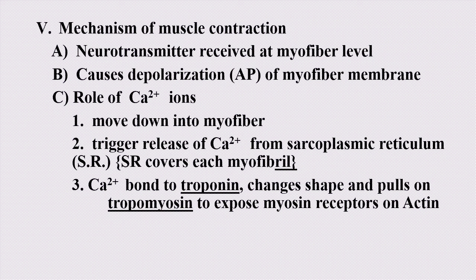Once the calcium ions bond to the troponin, they cause a shape change in the troponin. When that happens, the troponin pulls on the tropomyosin and exposes those myosin receptors, or the little myosin head connectors, so to speak, on the actin.